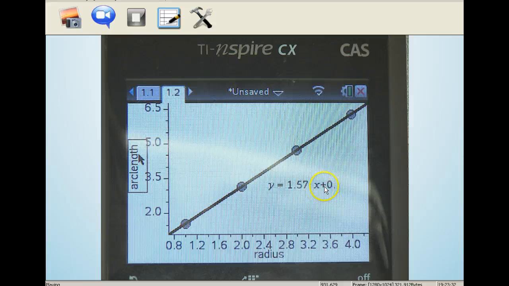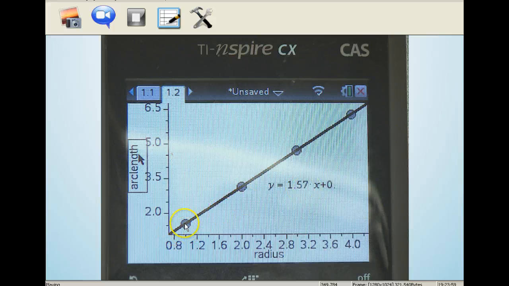So here we have an intercept of 0. If we have 0 radius, then we'll have a 0 arc length. That makes sense. And then this number here is the important number. This is the ratio by which it's growing, which is 1.57. Now that happens to be half of pi, right? Or half of what we're using as pi right now with our rounding, 3.14.